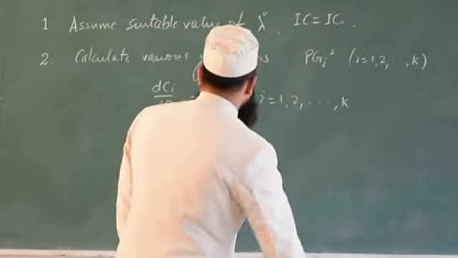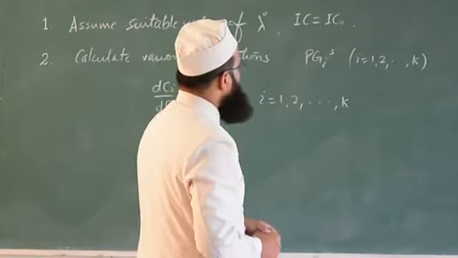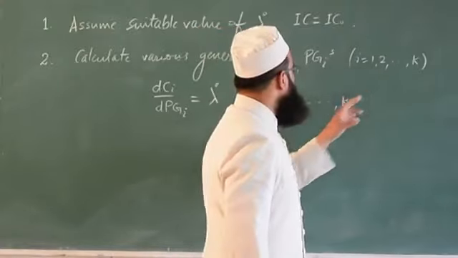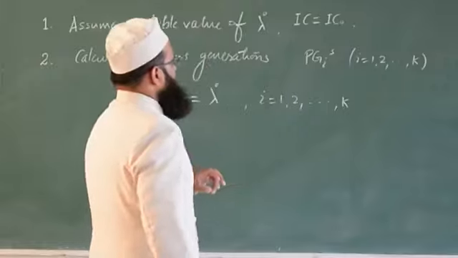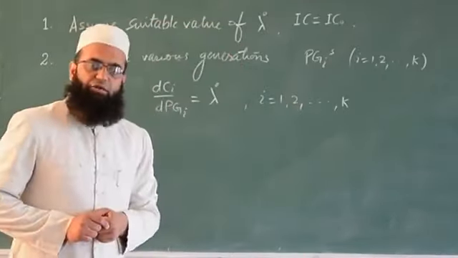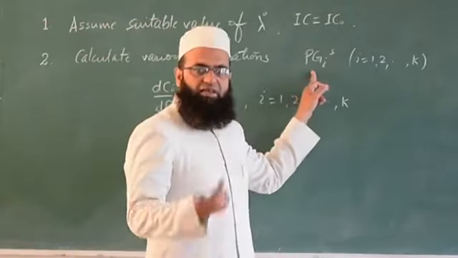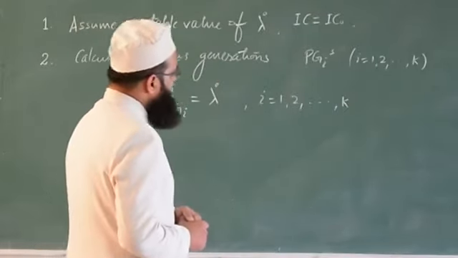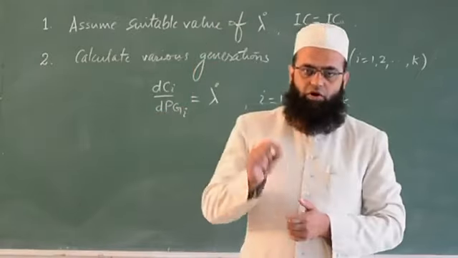One more thing: while calculating PGI, the various generations at different units, say I equal to 1, 2, 3 up to k, that is PG1, PG2, PG3 and PGK. If generation at a particular unit violates the limits, that is either greater than PGI max or lesser than PGI min, then we have to fix the generation at that violating unit at the limiting value.